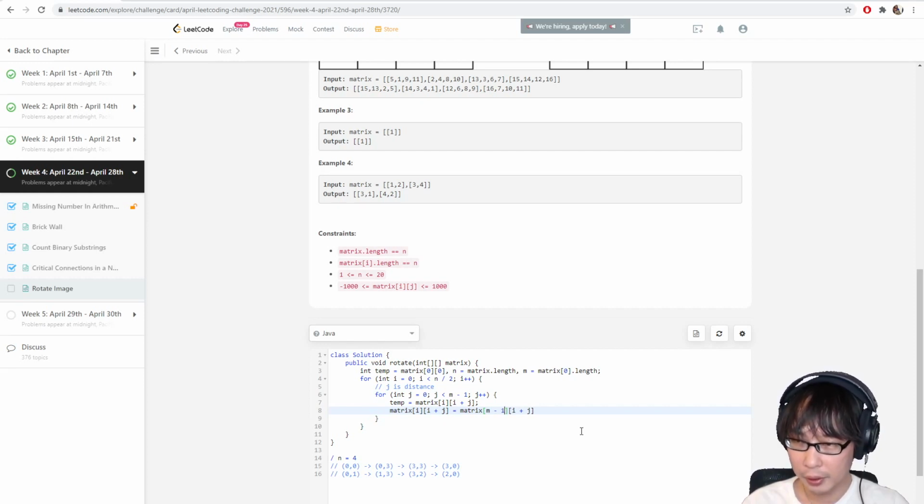So this is the length minus j. Is that right?